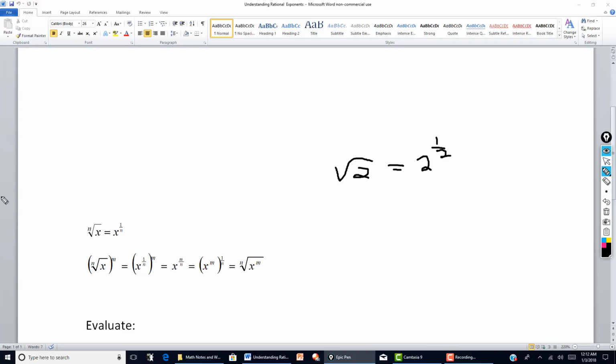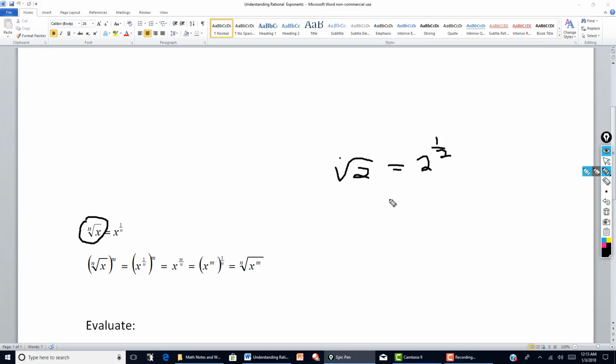In this radical, the n is called the index, the symbol is the radical sign, and the x is the radicand. If it's a square root, the index is understood to be 2, so we don't put a 2 there.